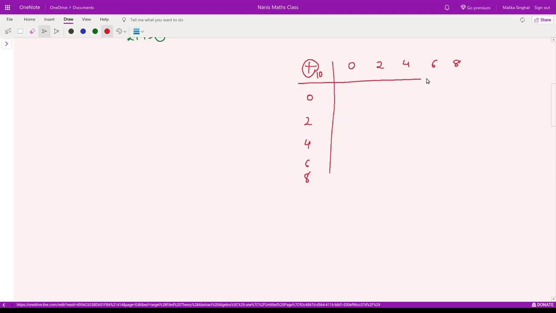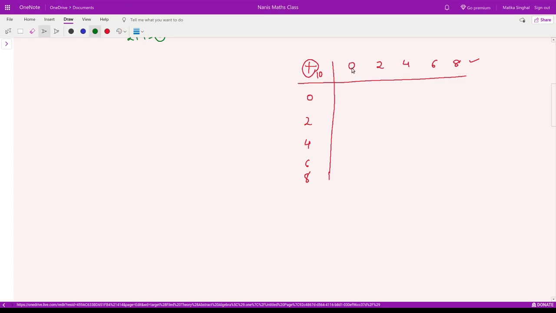Because I need to see 0 addition modulo 10 0, what would that be? Then 2 addition modulo 10 with 2, and so for every one of the 5 numbers here I have to see the result with the numbers here. Am I clear with that? So let us get started. For those of you who understood what I am saying, you can pause the video and create your own tables. Otherwise you can do it with me, right?